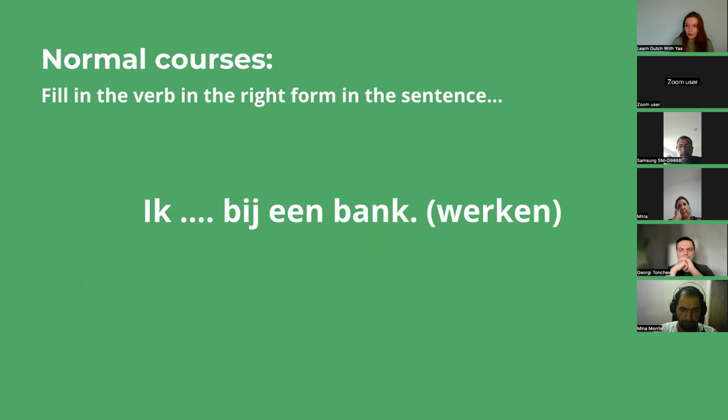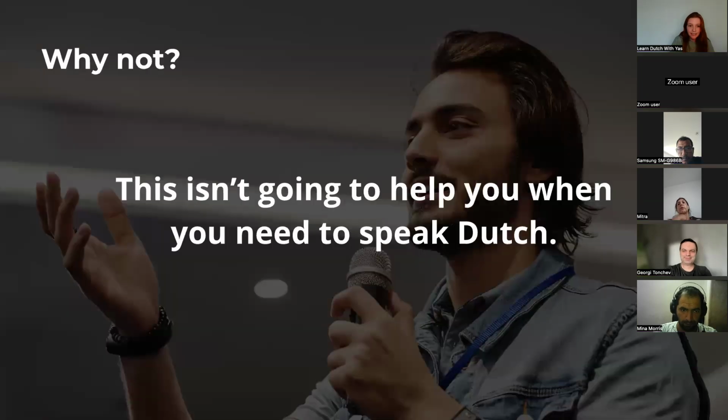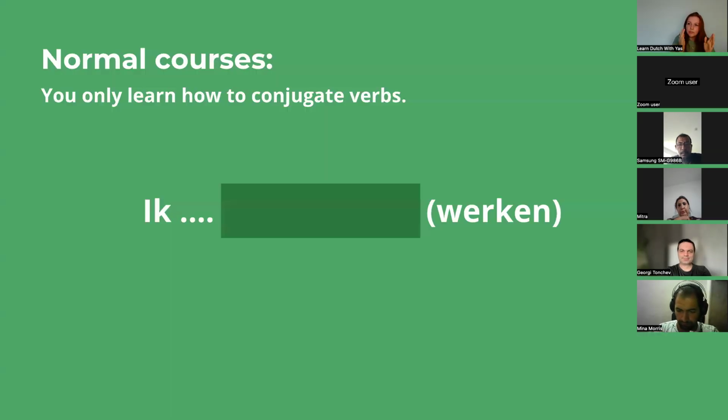And I see a lot of you are responding already with the correct response, but I don't like these kind of exercises. And why not? Because this is not going to help you when you need to learn how to speak Dutch. Why? Because with those kind of exercises, you're only going to look at the first part of your sentence.